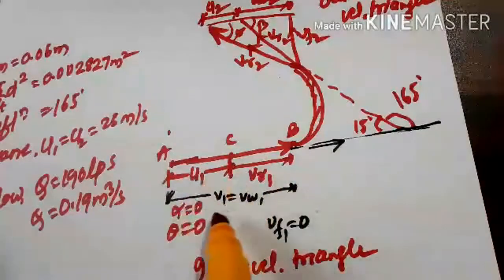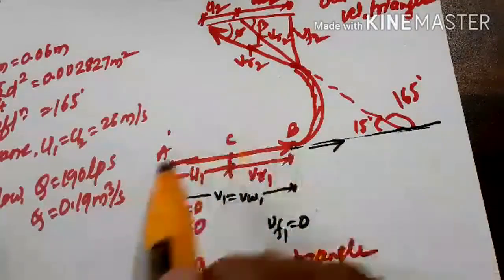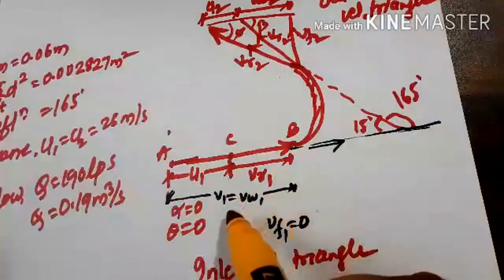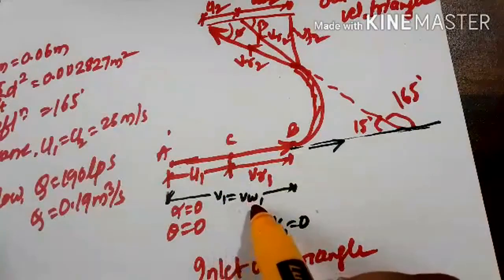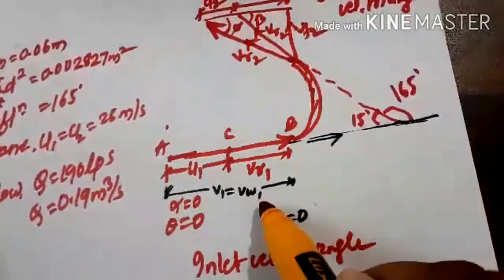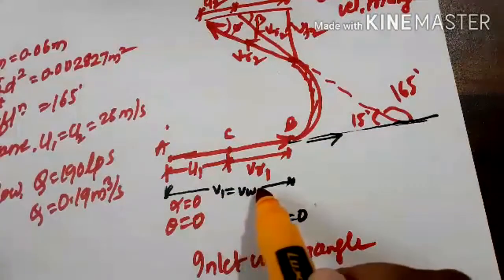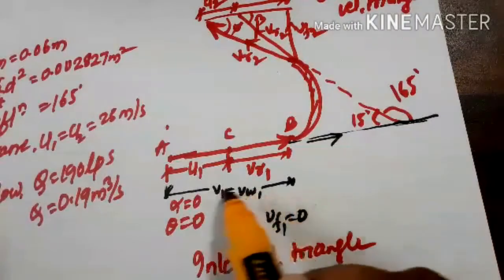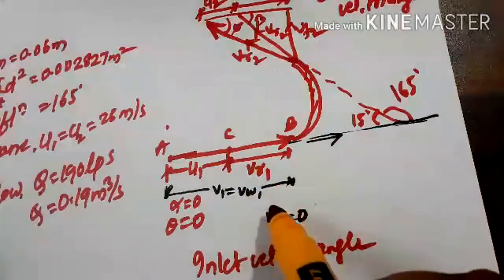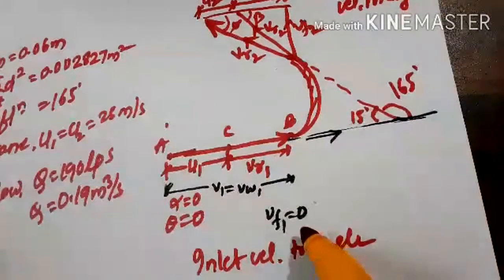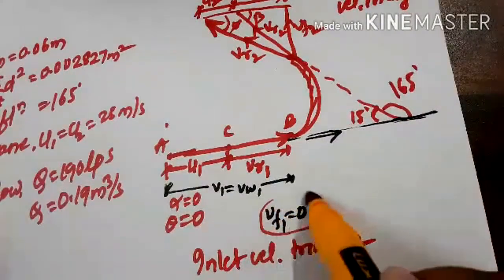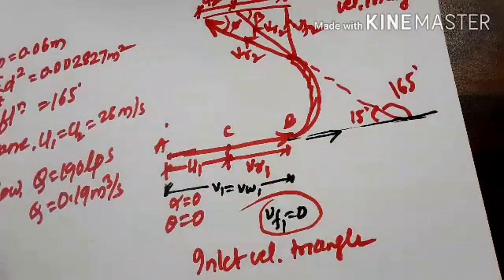In this inlet velocity triangle, V1 is equal to VW. You will get only the whirl velocity, that is the component of V1 in X direction, but the component of V1 in Y direction will be 0, so the flow velocity will be 0.